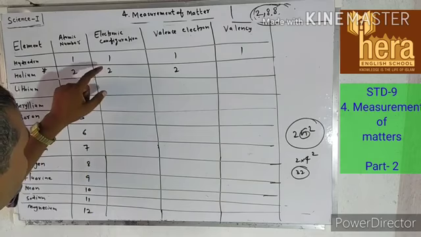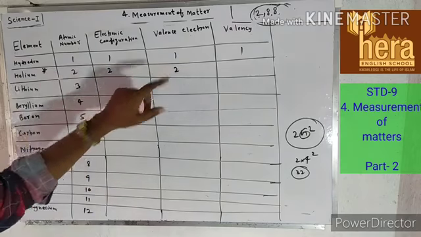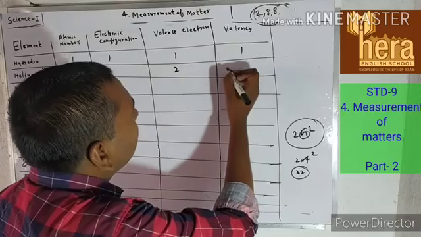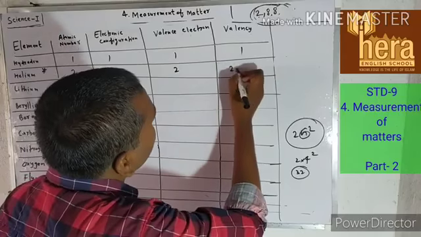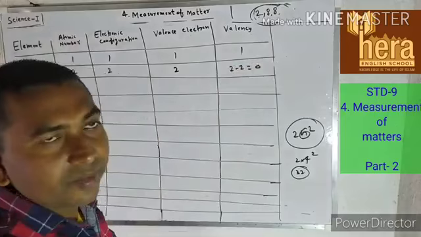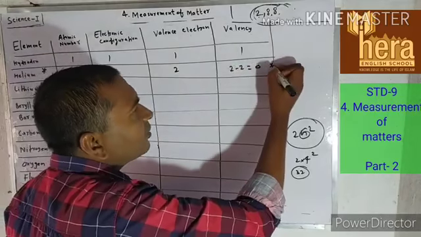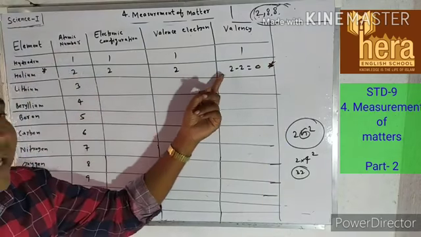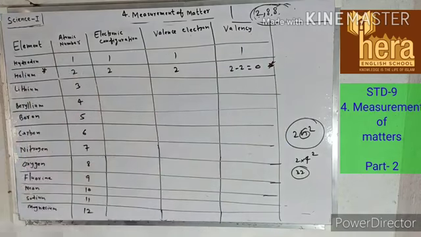On the basis of this, we are writing here valency. Remember students, this is an exception. In case of helium, 2 minus 2 is equal to 0 valency. You remember this is an exception. In chemistry there are so many exceptions.